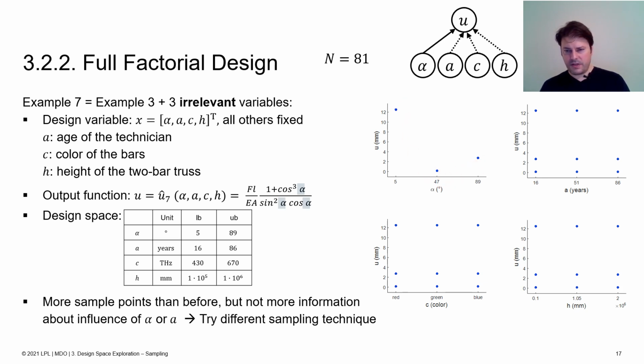And that's one of the disadvantages of full factorial design. We're going to generalize that later. But now let's take that as a hint that we want something that is more efficient, that adds more information to this kind of evaluation. And this is a new sampling technique that we're going to look at now.